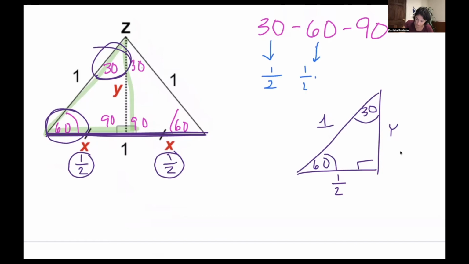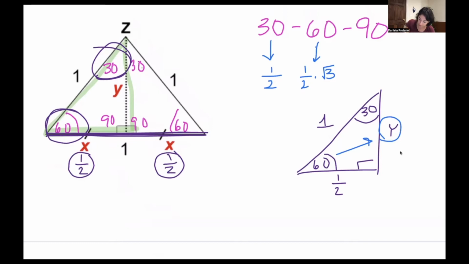That's just true in every 30, 60, 90 triangle. Whatever is across from the 30-degree angle, if we multiply that by the square root of 3, you're going to get the number across from the 60-degree angle. So in this case, we just figured out what y is. It's 1/2 times the square root of 3.